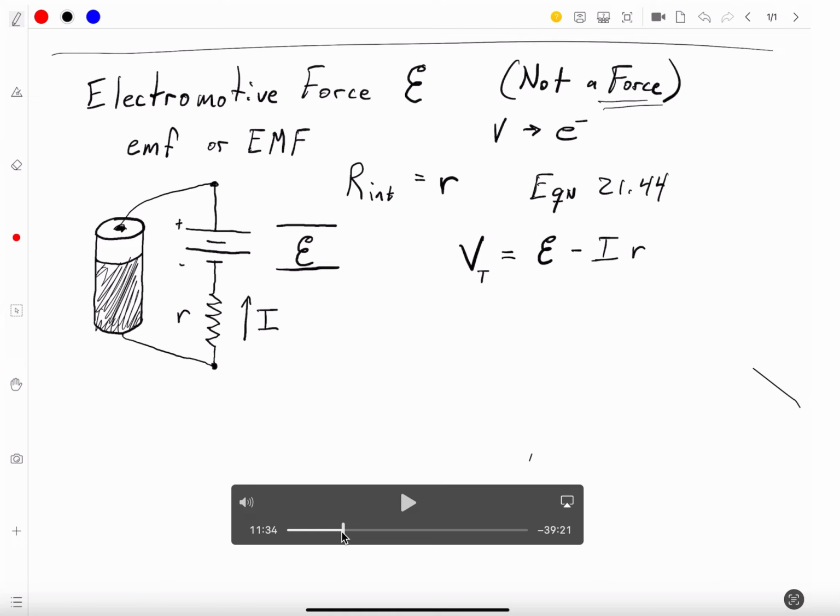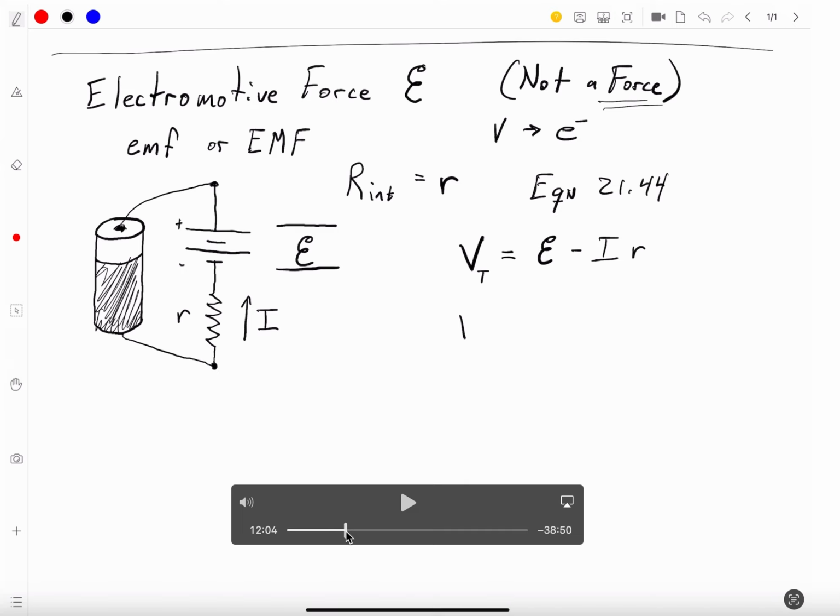The units of it are voltage. So then we have equation 21.44 in the book. And 21.44 has our terminal voltage, which is what we used to call our straight up voltage. But now it's our terminal voltage because we're working with the electromotive force, EMF.